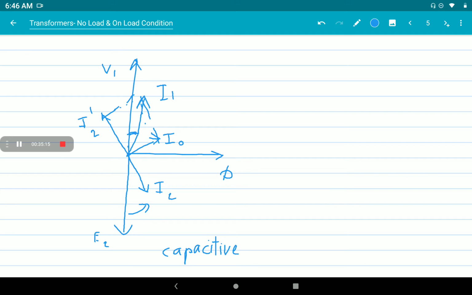So now we have considered it without winding resistance and leakage reactance. Now we are going to consider winding resistance. What happens when we consider the winding resistance? We have winding resistance and leakage reactance.